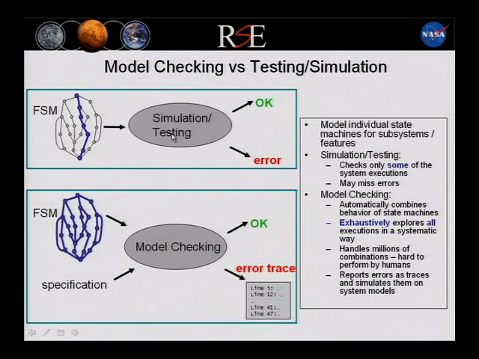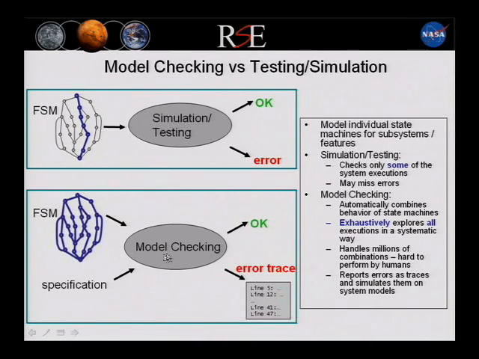And then simulation and testing checks only some of the behaviors of the system. So of course, it may miss errors that were not analyzed. While model checking goes automatically through all the possible behaviors of the system. So it can handle millions of combinations in an automatic way.